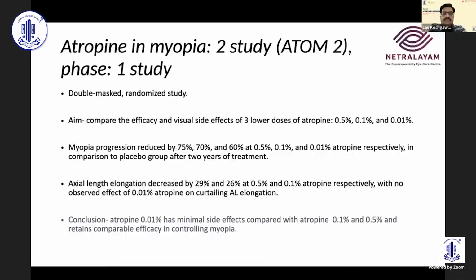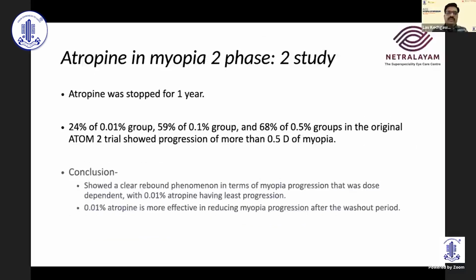Similar findings were noticed in axial elongation, but there was no observed effect on axial elongation in the 0.01% group. They concluded that 0.01% atropine has minimal side effects compared to 0.1 and 0.5%, and retains comparable efficacy in controlling myopia progression. So it was found to be safer than higher concentrations.